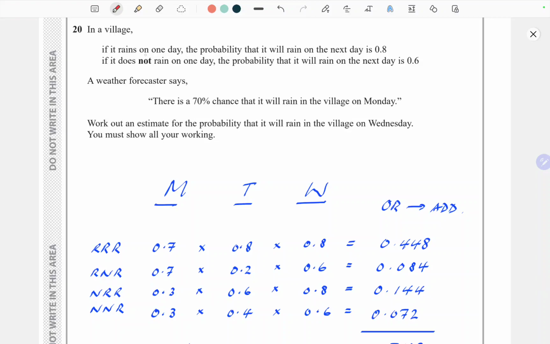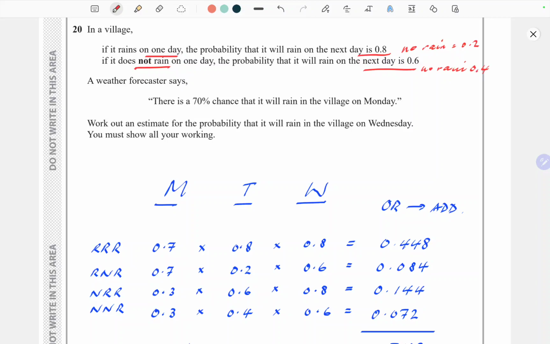If it rains on a particular day, then rain the next day is more likely, 0.8, and therefore no rain is 0.2. If it doesn't rain on a particular day, then the next day the rain has a probability of 0.6. Therefore, no rain in this case is 0.4.